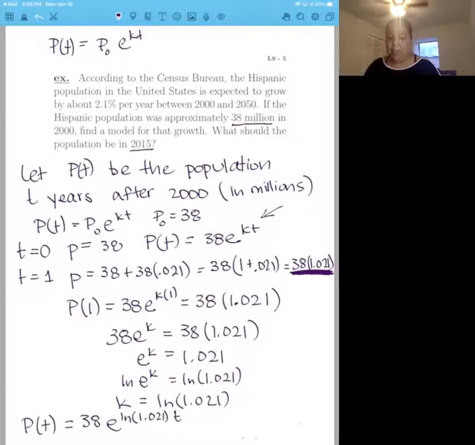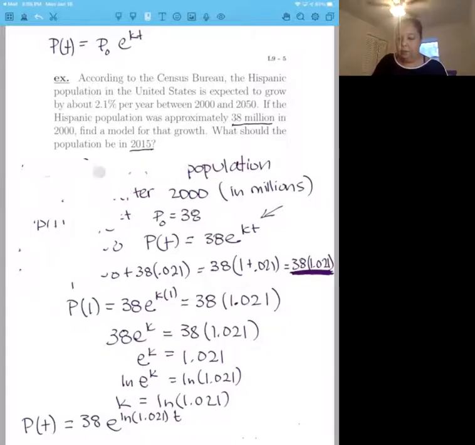All right, now they want me to find the population in 2015, so that is going to be when t is exactly 15. All right, I'm going to erase some of this because I am out of room.